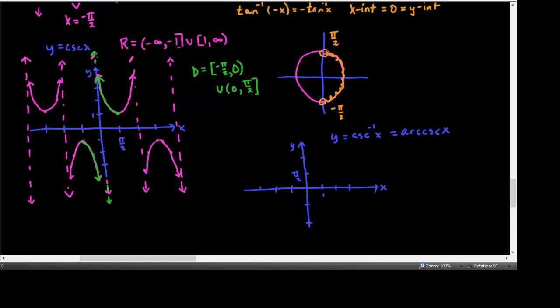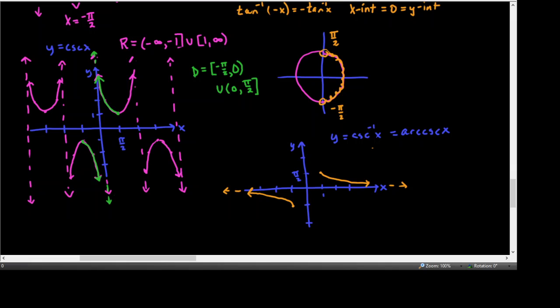Okay, so the vertical asymptote at x equals 0 will be a horizontal asymptote at y equals 0. The ordered pair -pi/2, -1 will go to -1, -pi/2. And then the curve will just approach the asymptote like that. And then the point that's at pi/2, 1 will go to 1, pi/2. And then the graph will approach the asymptote like that.